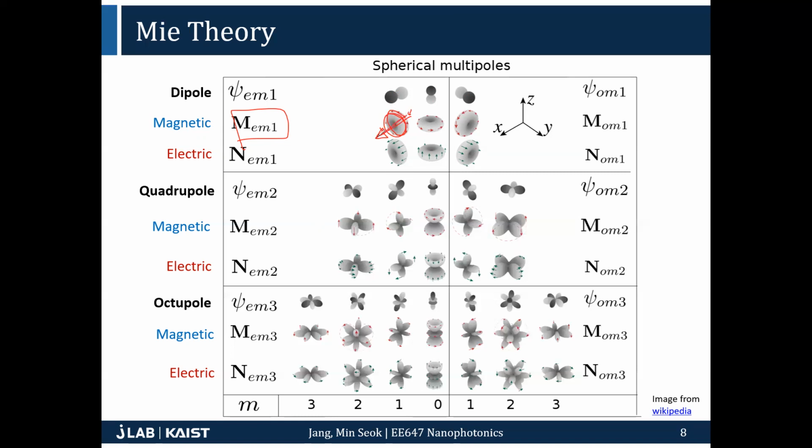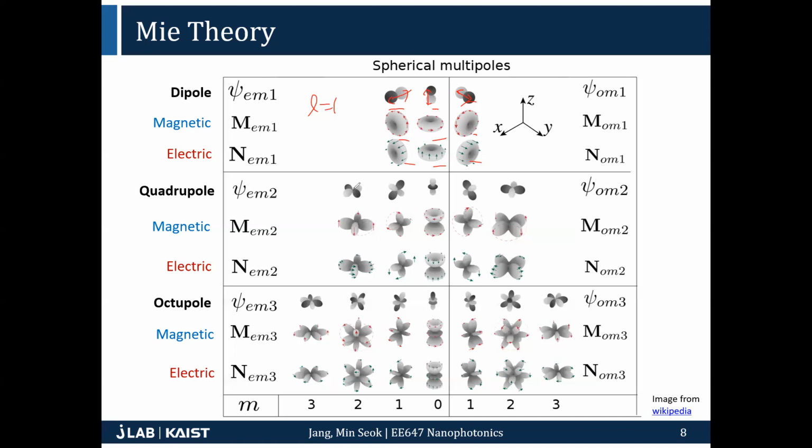So the magnetic field changing back and forth creates a radiating field, and that's the dipolar component, the magnetic dipole component. And in the electric dipole, it has a similar form, but in this case the electric field has this direction. So if you look at the L equals 1 solutions, it's all dipole contribution. It's just oscillating back and forth with 2 poles, and the energy distribution or radiation pattern looks like this.